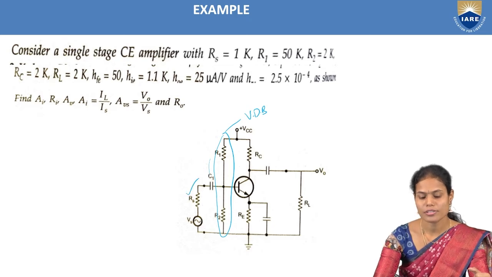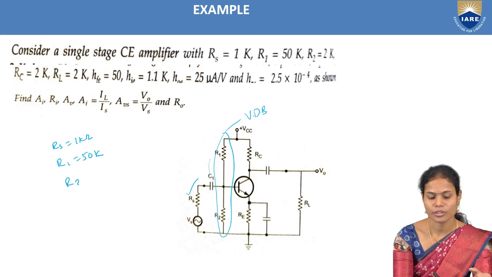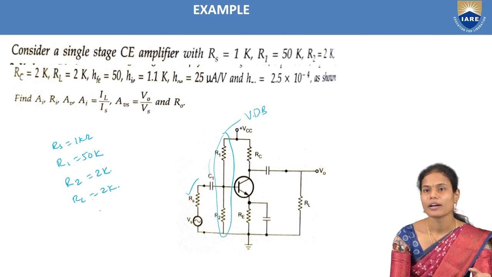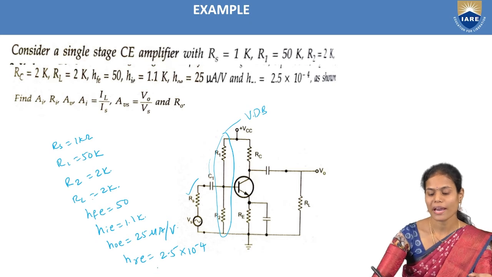Here the given values are RS is given 1 kilo ohm and the R1 resistance is 50 kilo ohm and R2 resistance is 2 kilo ohm and the load resistance RL is given as 2 kilo ohm and the forward current gain HFE is given as 50 and the input impedance HIE is given as 1.1 kilo ohm and the output admittance is given as 25 microampere per volt and HRE, the reverse voltage gain, is 2.5 into 10 power minus 4. So these are the given parameters.